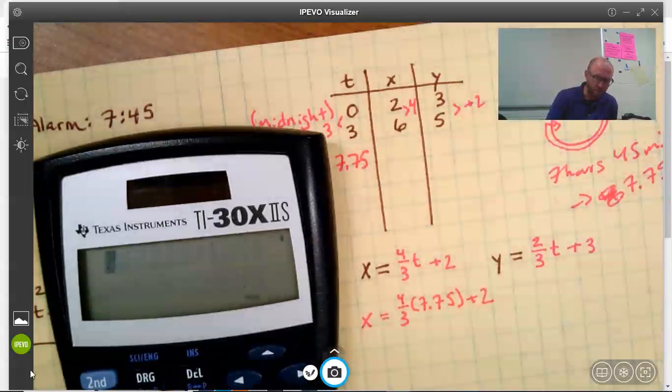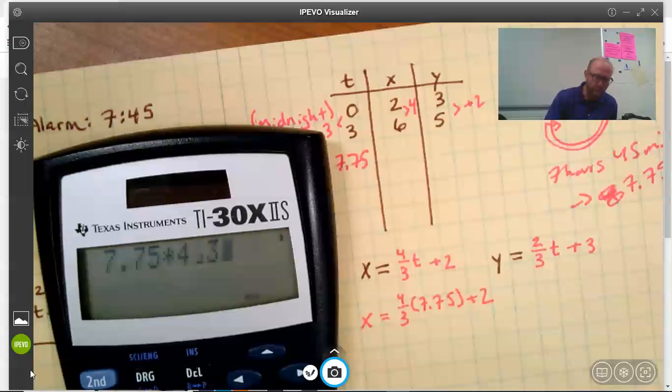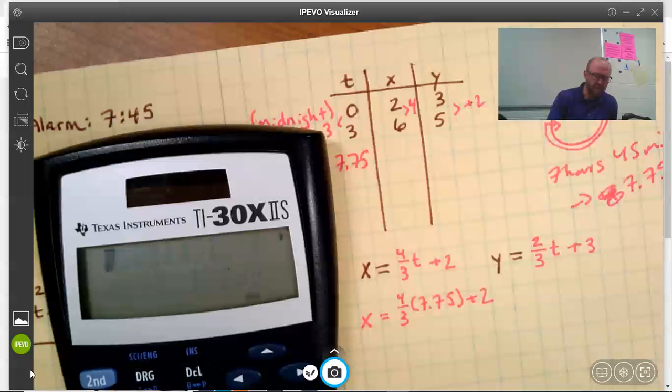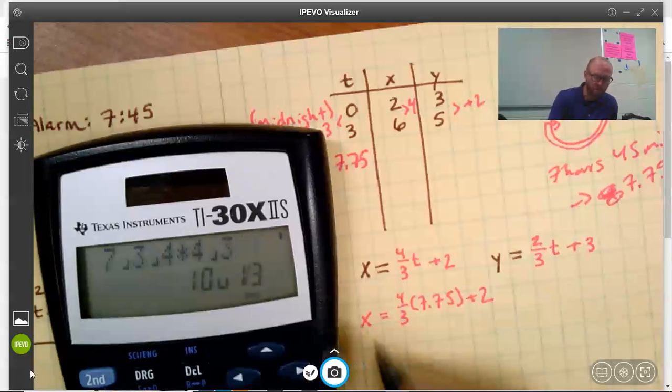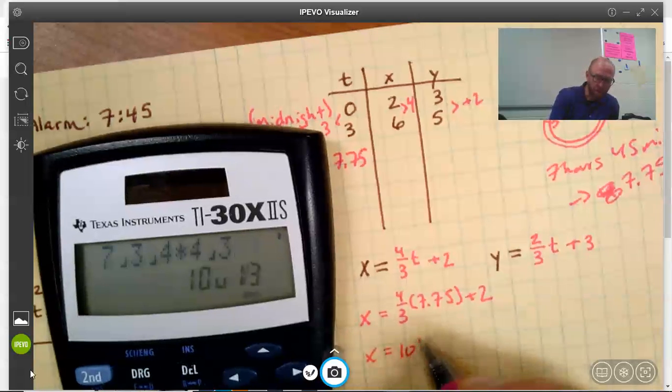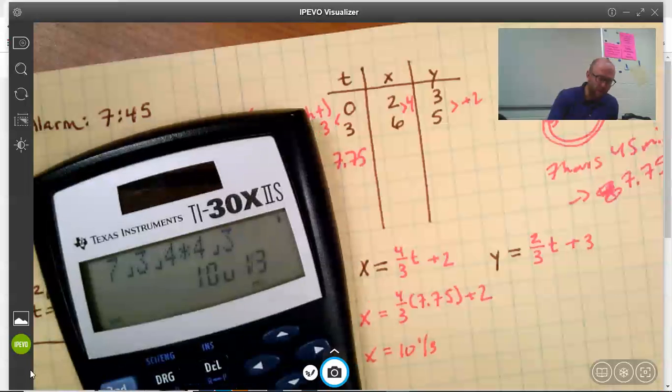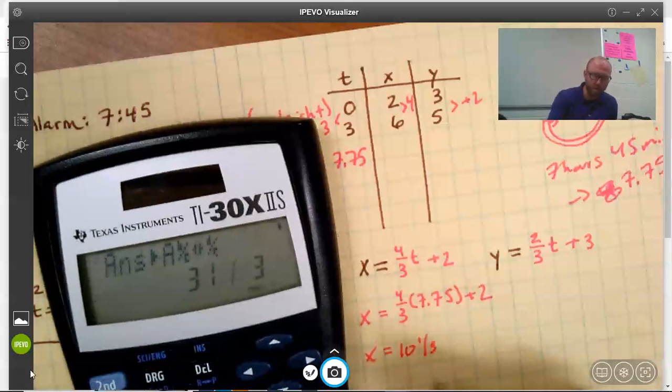So let's go 7.75 times 4/3 gives us 10 and repeating 3. Let's do it as 7 3/4 times 4/3. That's going to give us 10 and 1/3. So x equals 10 1/3, or we could also write that as 31/3.